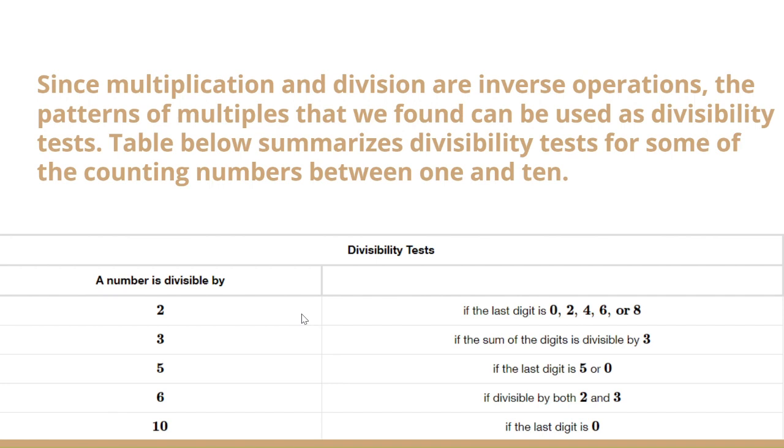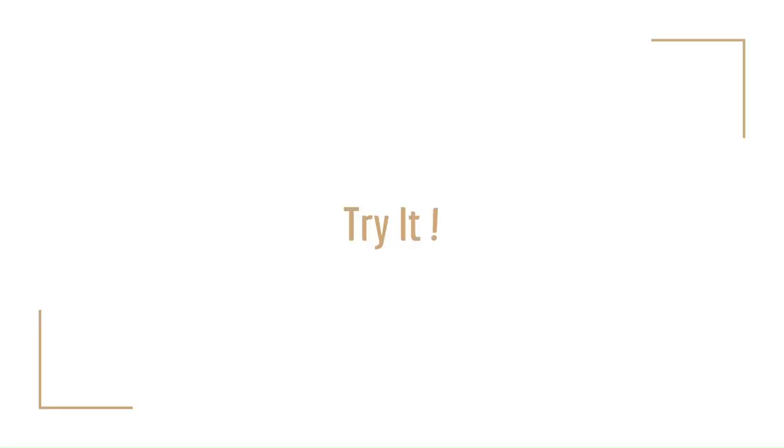A number is divisible by 3 if the sum of the digits is divisible by 3, like 3, 6, 9, 12, 15, 18, 21. Then for 5, if the last digit is 5 or 0. For 6, if it is divisible by both 2 and 3, and for 10, if the last digit is 0.